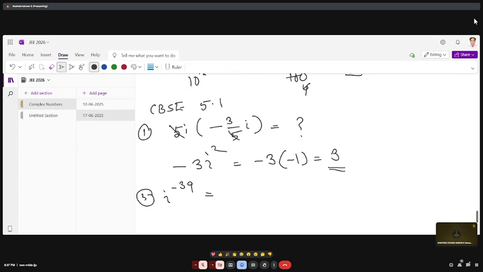One by i cube. One by minus i. What is 1 by minus i?